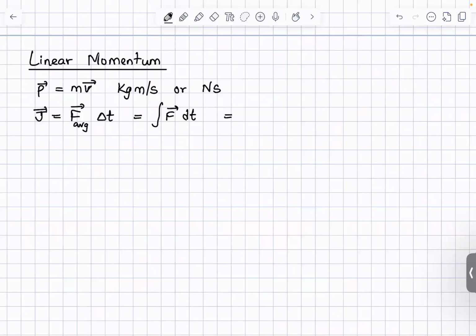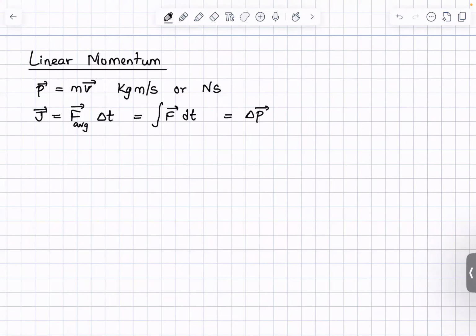That's right. So we say impulse is equal to the change in momentum. So change in momentum is the impulse.